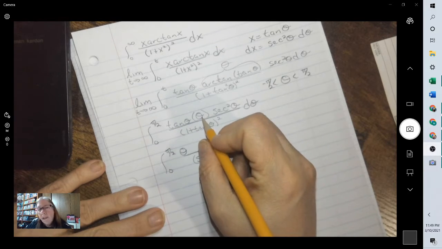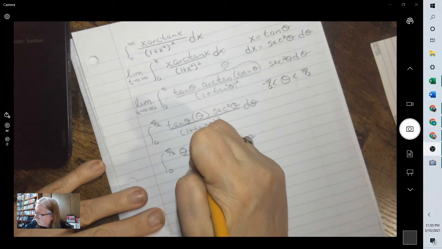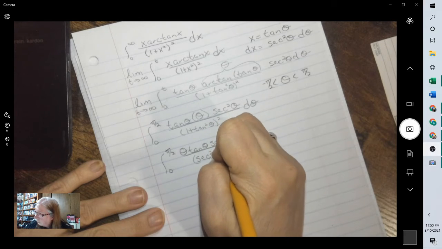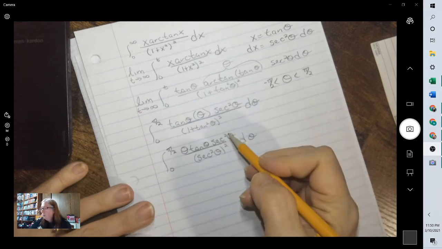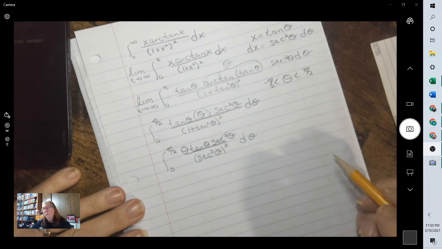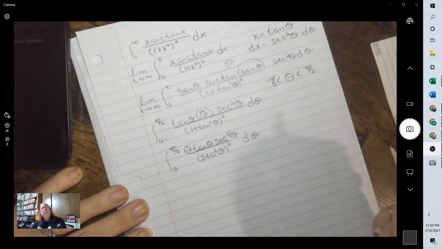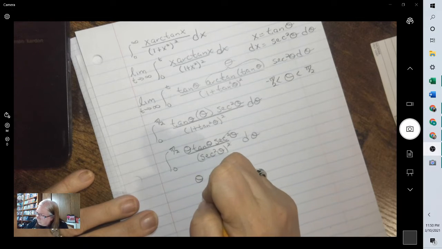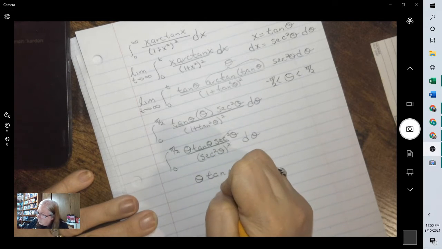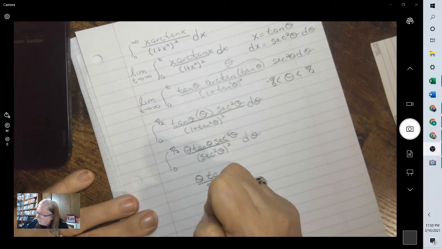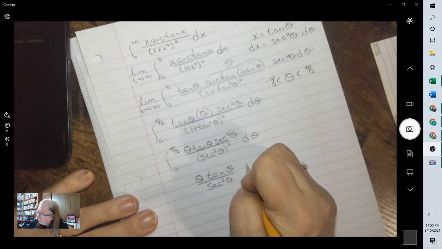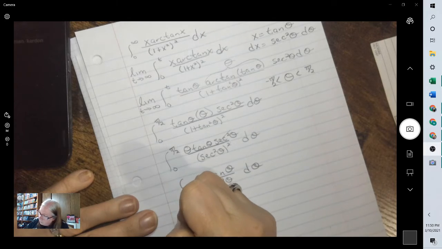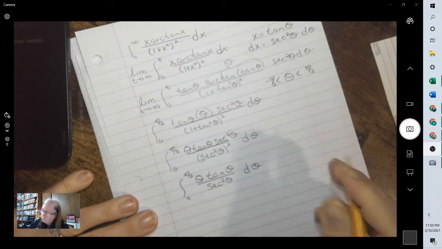I'm going to move this theta in front. So then this can cancel with 2 of the secants. That'll be secant to the 4th, so it'll become secant squared. So we have theta, tangent of theta over secant squared theta from 0 to pi over 2.